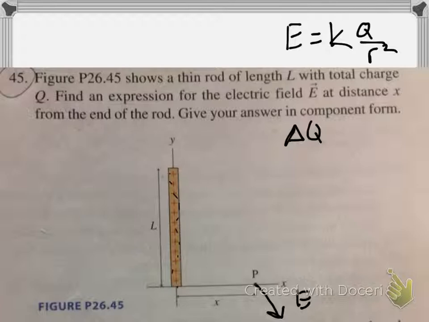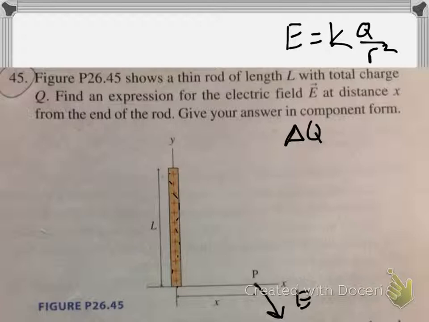But good question. Why are you integrating Q then? Oh, I'm not. Right now I'm just experimenting, we're seeing what's going on. Because R is different for every section of this rod, I can't just say kQ over R squared.